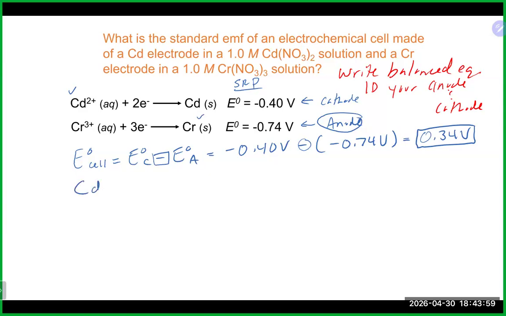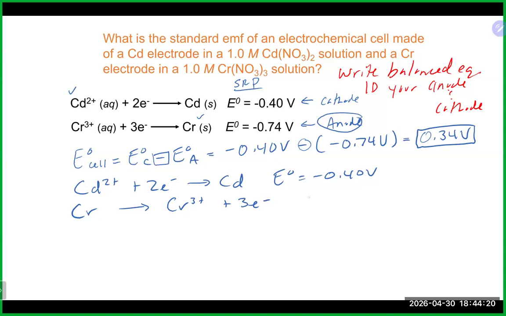So we got cadmium the way it is, it's all good, and we got E naught is equal to minus 0.4 volts. We should reverse our anode in this case, which would give us chromium goes to chromium 3 plus 3 electrons. And again, when I reverse that, that will now make that positive 0.74 volts.